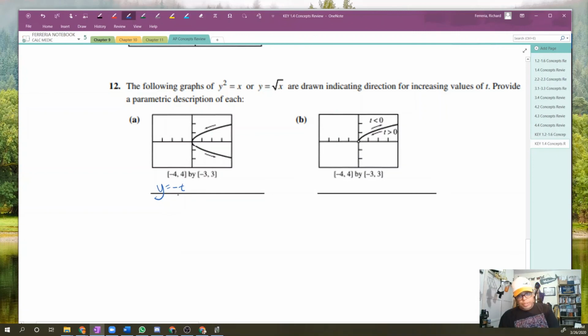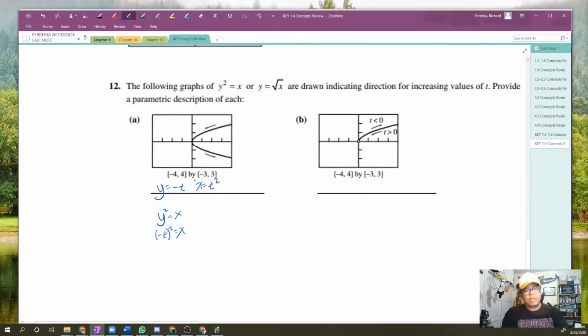And of course, if the y-coordinate is negative t and y squared is equal to x, that means the x-coordinate is equal to negative t squared, or just x equals t squared. So that's one parameterization. There are more, but this is one we're going to go with.